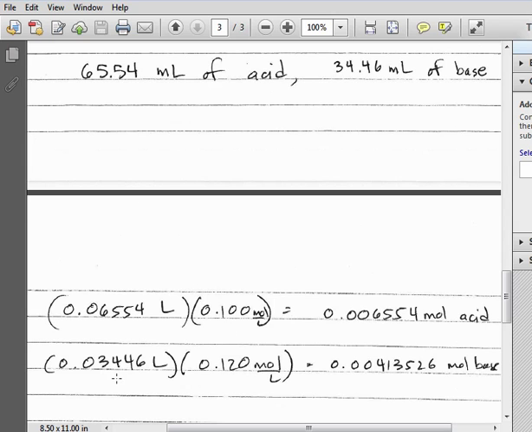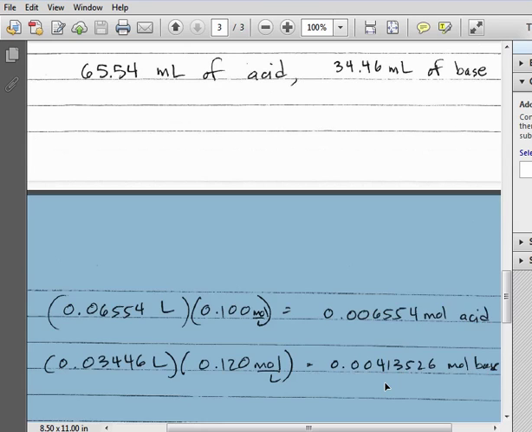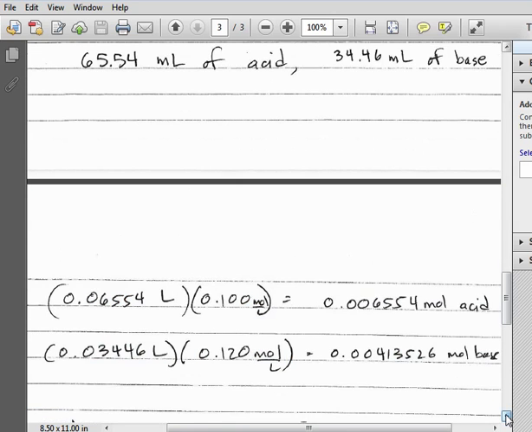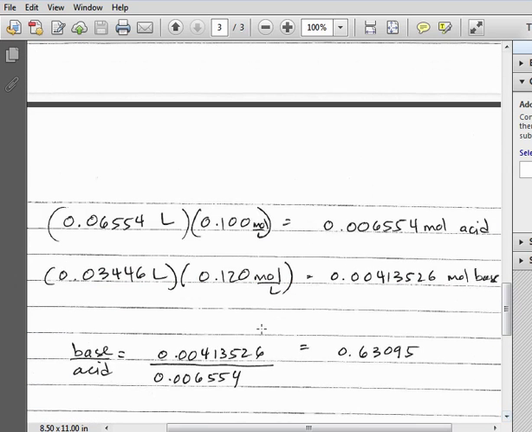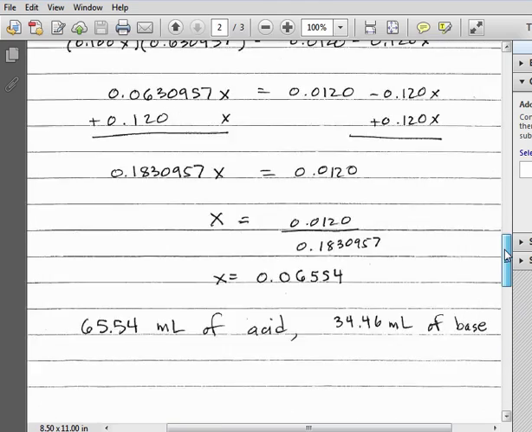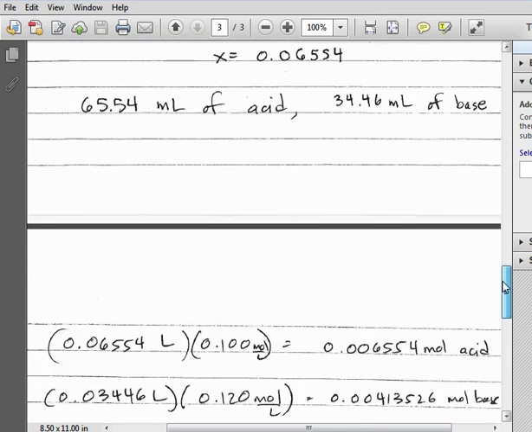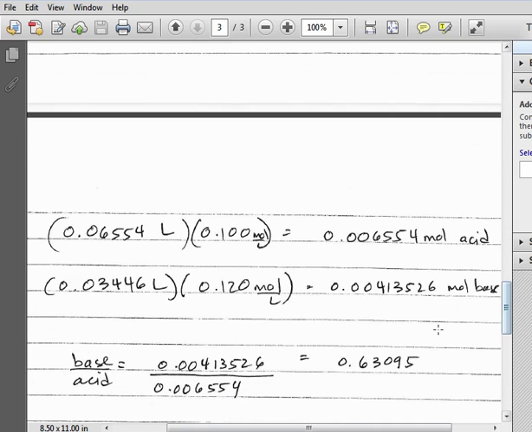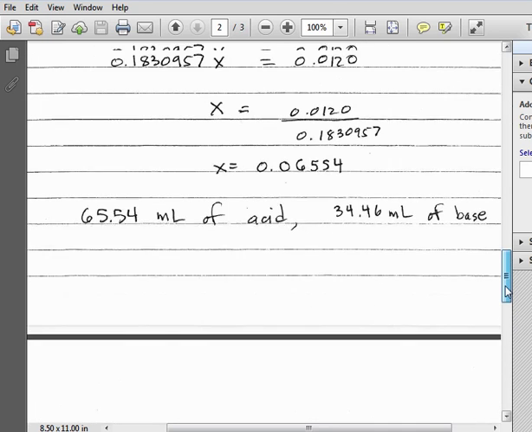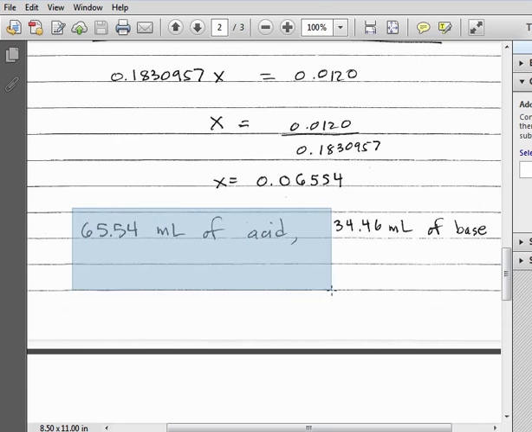And then if I have 34.46 milliliters of base, this would be its volume in liters, multiplied by its molarity, this is how many moles of base I have. So my base to acid ratio should be 0.630957, and it definitely is, within the correct number of sig figs. So I've checked my answer, and I can be confident that these two volumes that I calculated will be correct.